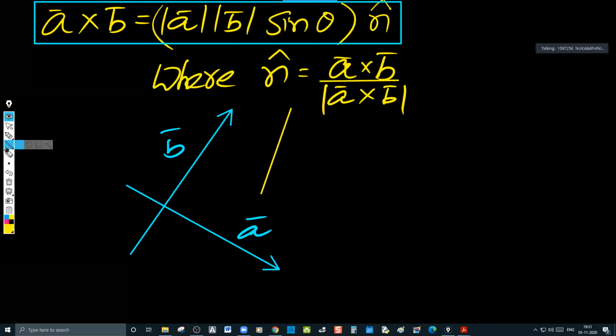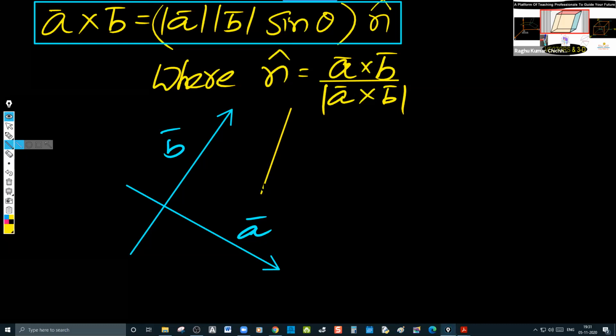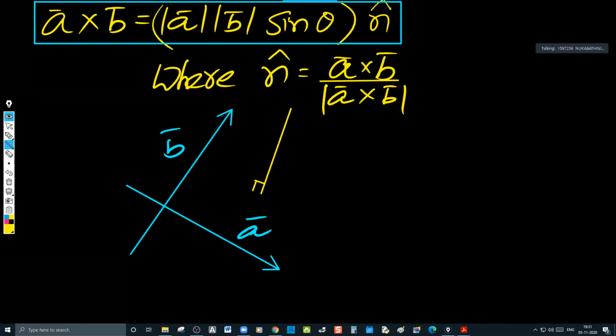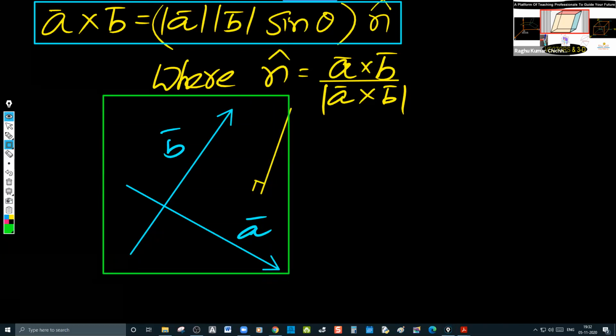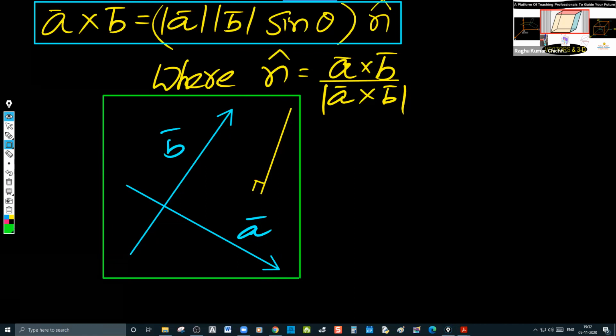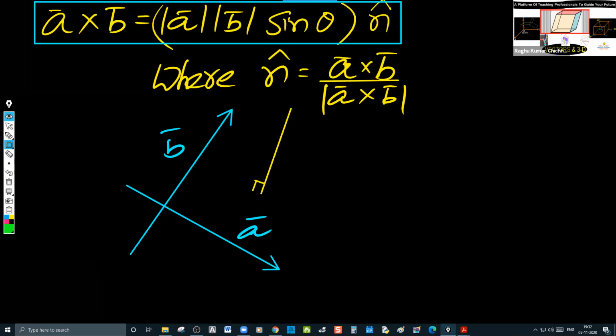Yes, sir. And you must have this basic knowledge about the cross product. It is frequently used. If you take the plane containing A bar and B bar like this, let me change it, just a moment. I'll show you more clearly. This is a plane containing the two vectors, A bar and B bar.